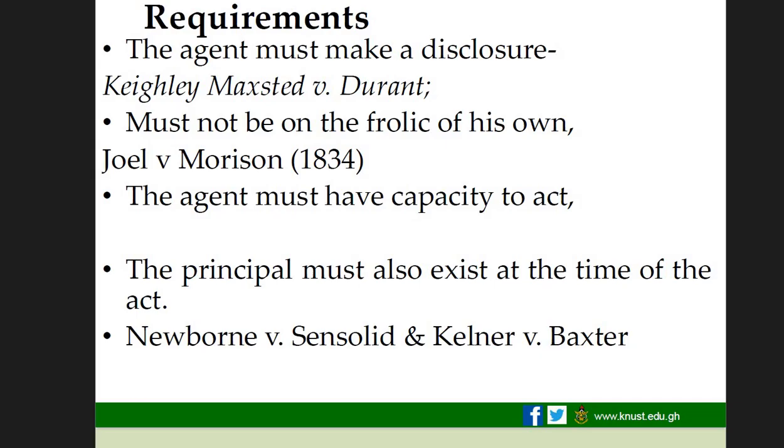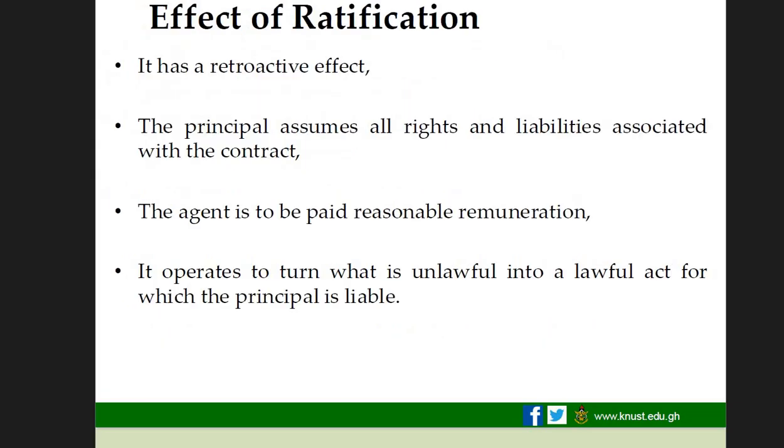The court ruled that you can't ratify, or act on behalf of, something that did not legally exist. I hope you get that. And those are the requirements for a valid ratification.